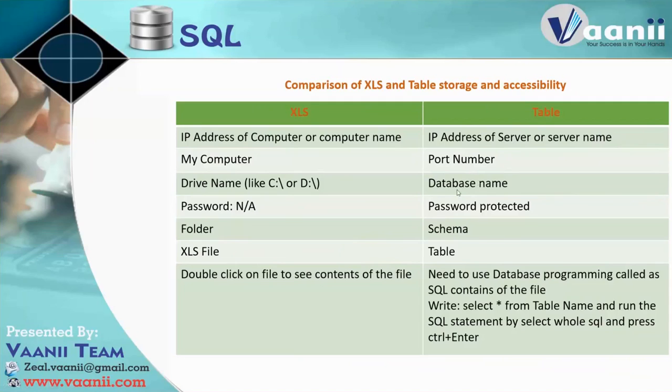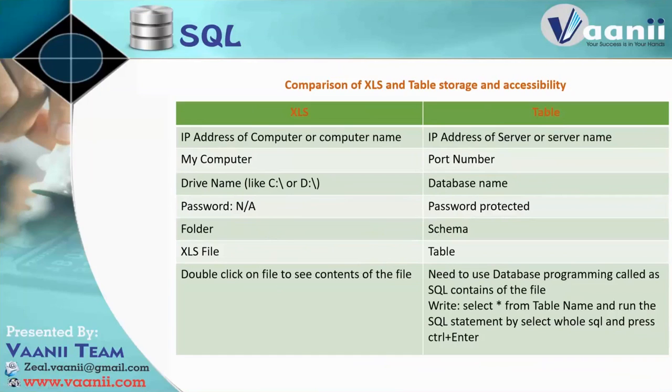For the database name, the equivalent here is the drive, C drive, D drive and all. And in a database it is password protected, while in a folder we don't have a password. Then the folder equivalent is the schema. So an Excel sheet will be stored in a folder, and here a table will be stored in a schema. And the Excel sheet equivalent is the table.